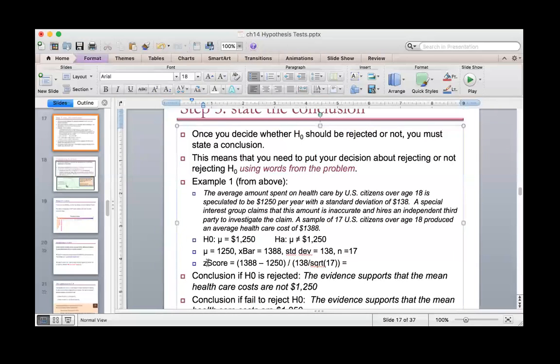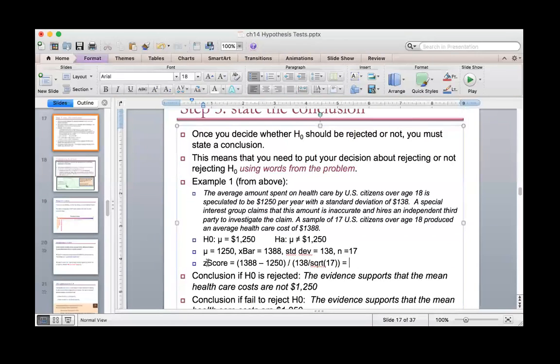See, so here's how I do this. As I walk through this, I will take 1388 minus 1250 and hit enter. That gives me the numerator. Then I will divide that by parentheses 138 divided by the square root of 17.